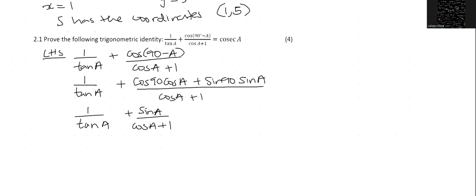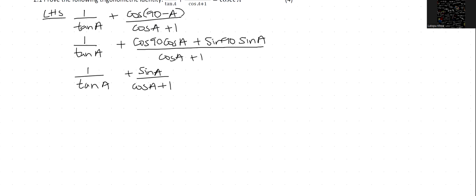Now 1 over tan A is cos A over sine A, because it's the reciprocal of tan. Tan is sine over cos, and 1 over tan is the reciprocal, cos A over sine A. So we have plus sine A over cos A plus 1.